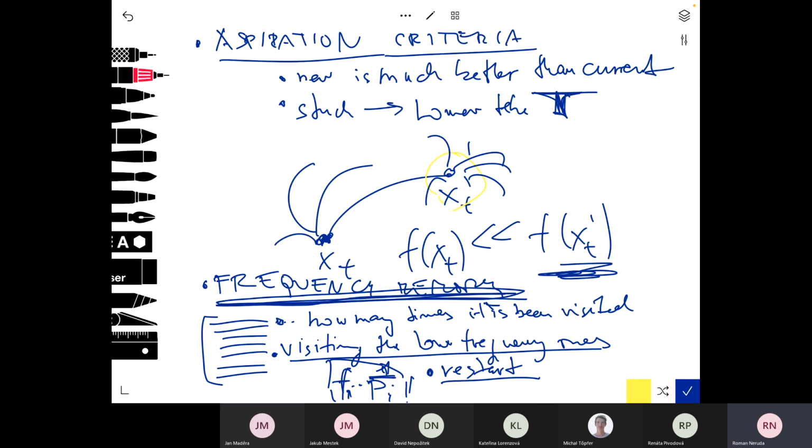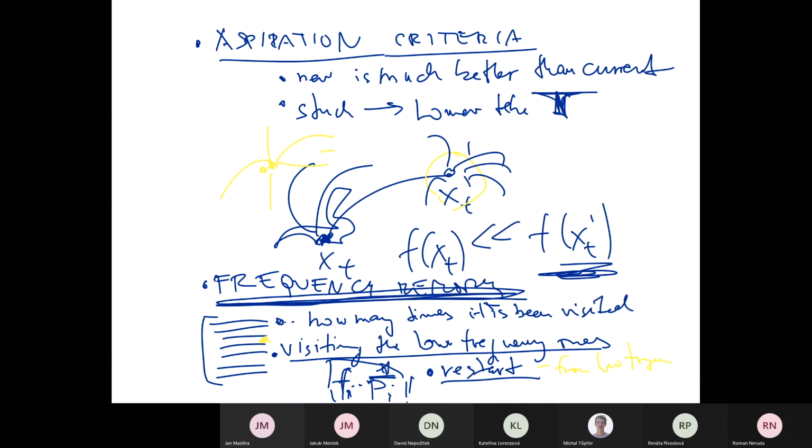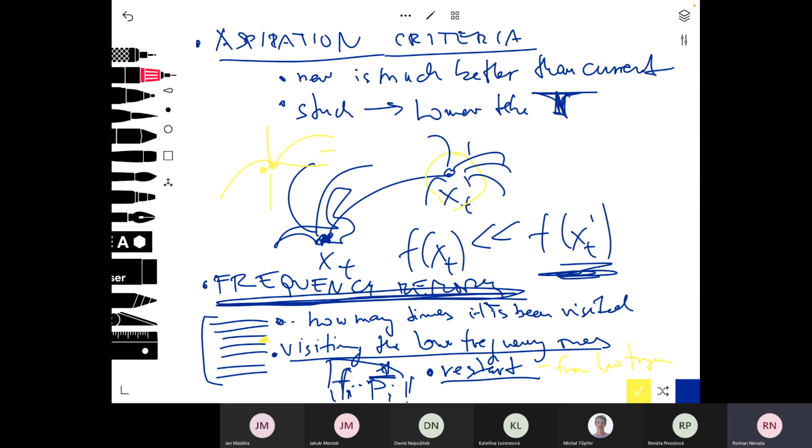So we're somewhere, we're sort of stuck, and then we're saying, okay, so let's restart the search from some position that's infrequent. So we're searching here, find some low frequent position, move there, and start the search from there. Right? So this is a restart from low frequency. That's another mechanism. It's called restart diversification.